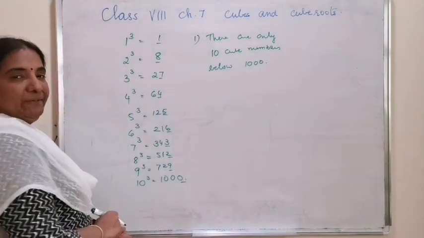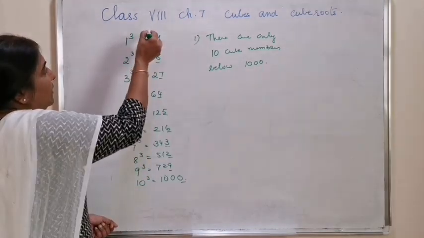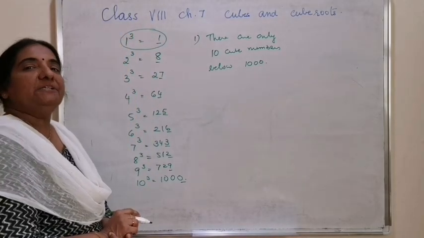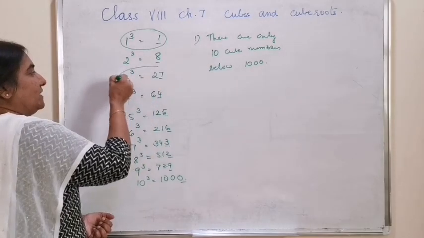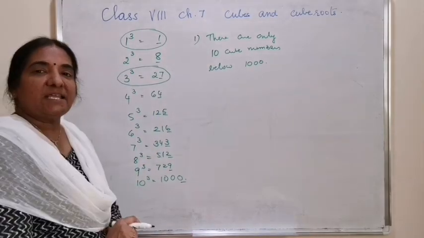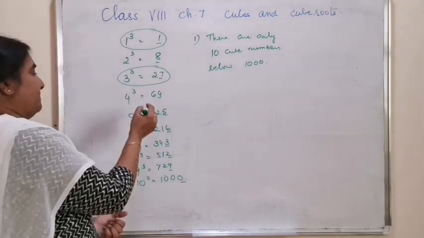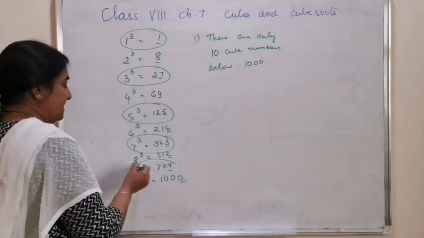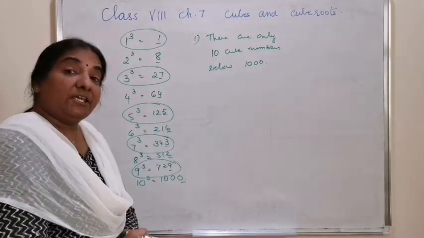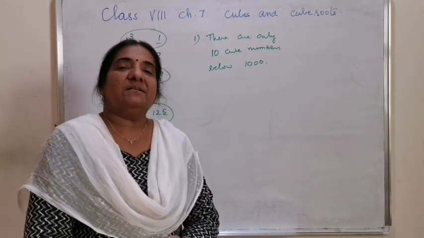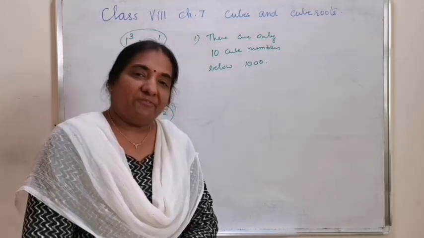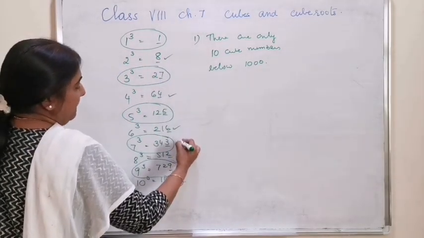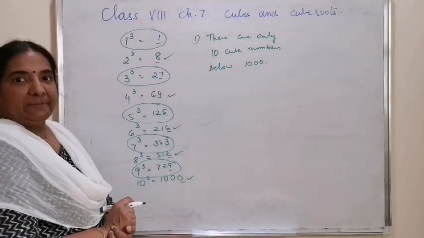If you check the cube of odd numbers, what is 1 cubed? 1. The next odd number is 3. What is 3 cubed? 27. 5 cubed, 7 cubed and 9 cubed. The cubes of odd numbers are all odd, whereas the cubes of even numbers are all even.